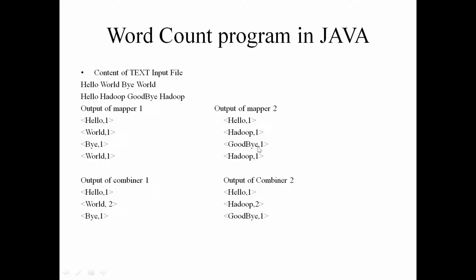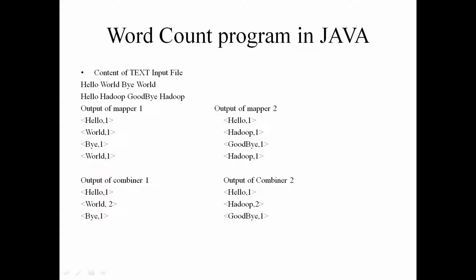Before giving it to the reducer, there is a combiner stage, where the combiner will combine any key that has appeared twice. For example, you can see here world comma 1 has appeared twice.